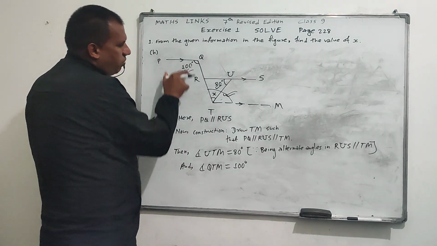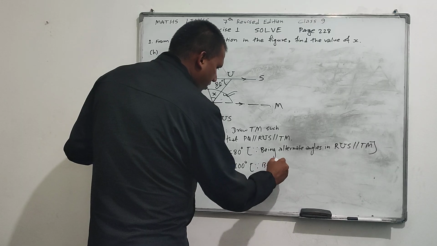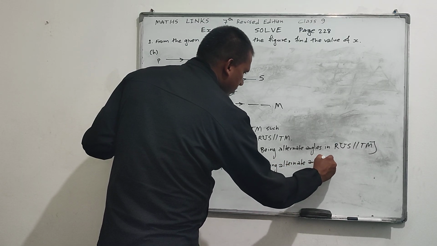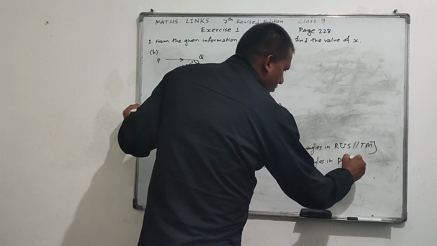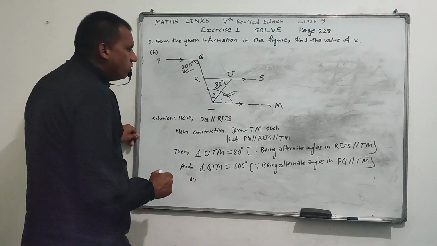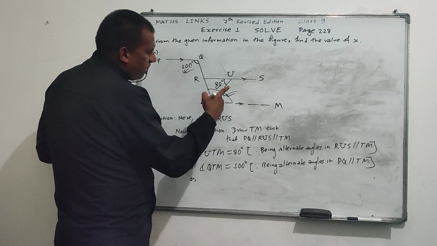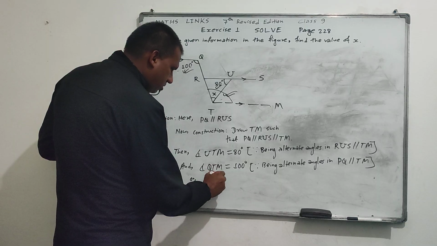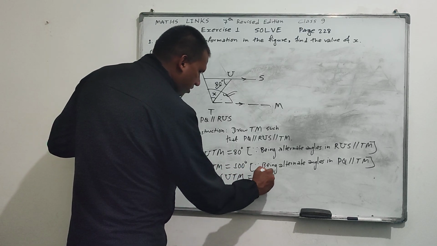Alternate angles in PQ parallel TM. Or angle QTM is the sum of x and UTM. So x plus angle UTM equals 100 degrees.